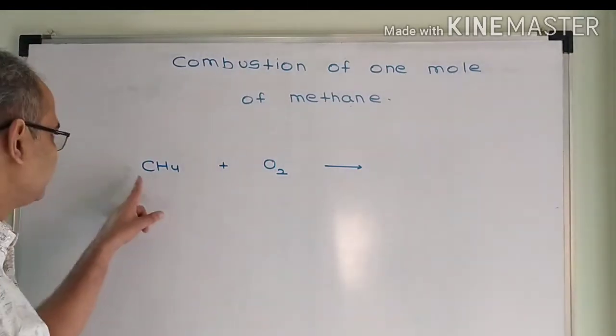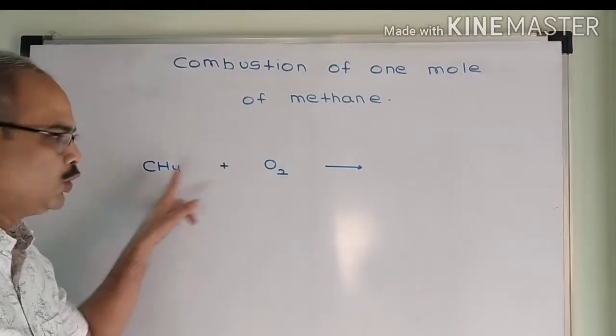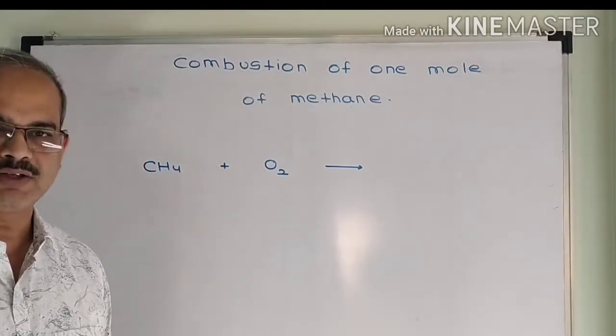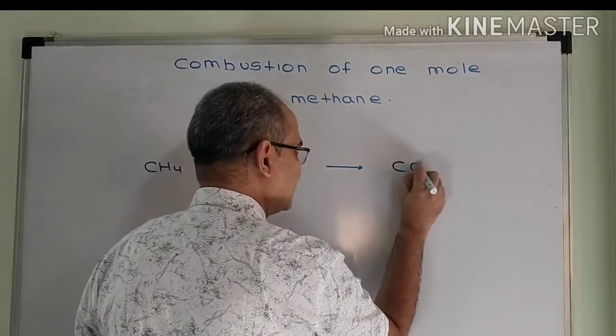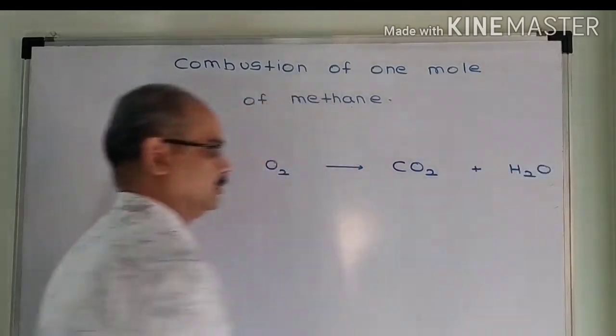This means that in methane we have two elements, carbon and hydrogen. On combustion, carbon and hydrogen will form their stable oxides as the products. Here the first product will be carbon dioxide and the second product will be water.